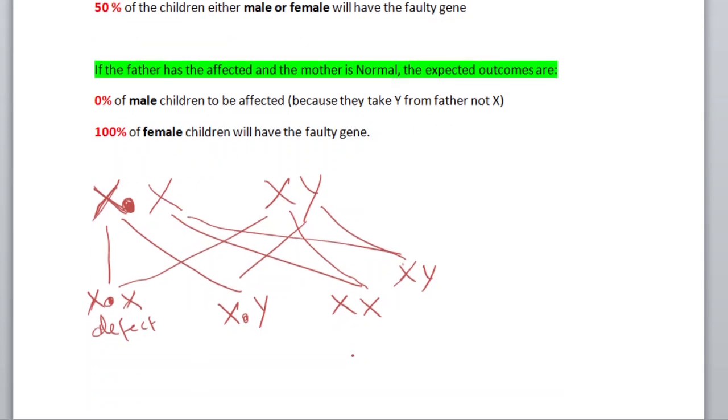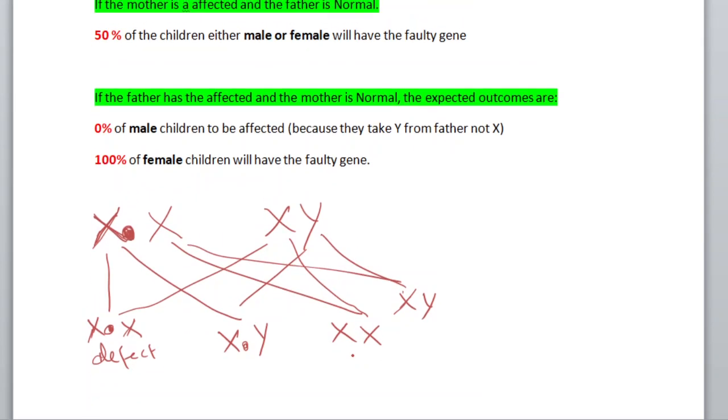Now you will come across different questions. If they are talking overall, if they take all four children as 100% and ask how many are normal and how many are abnormal, then you will say, regardless of the sex, 50% are defective and 50% are normal.